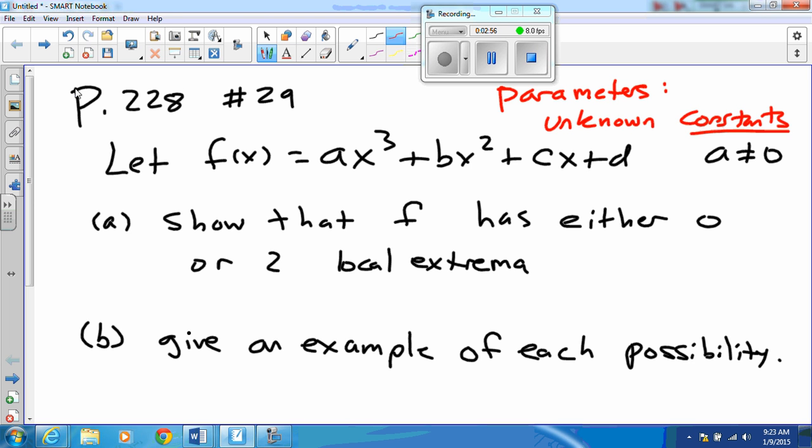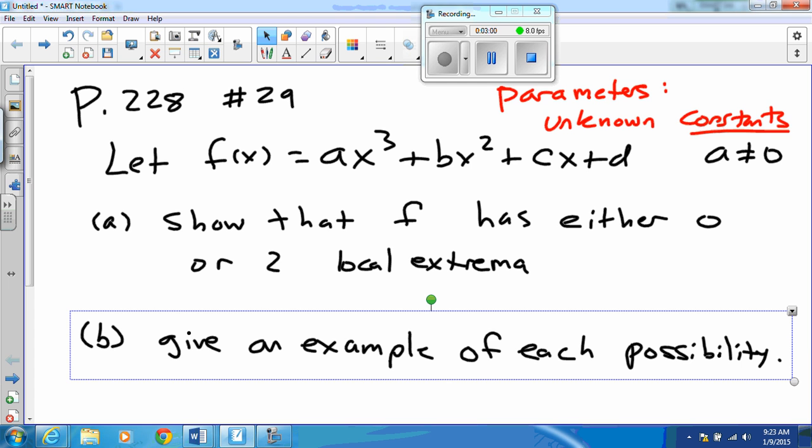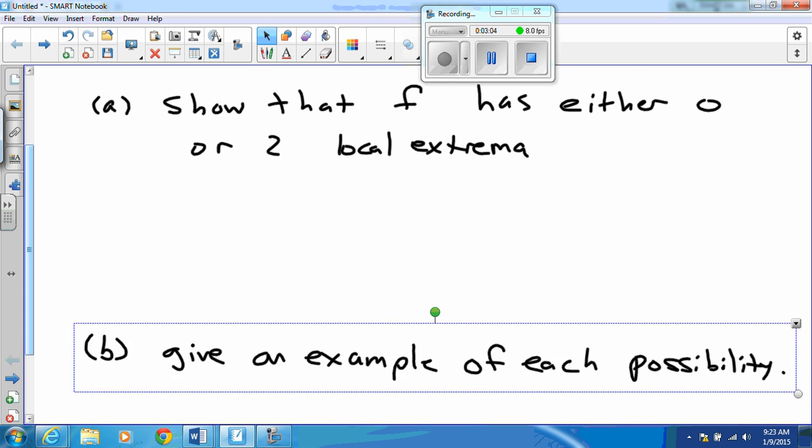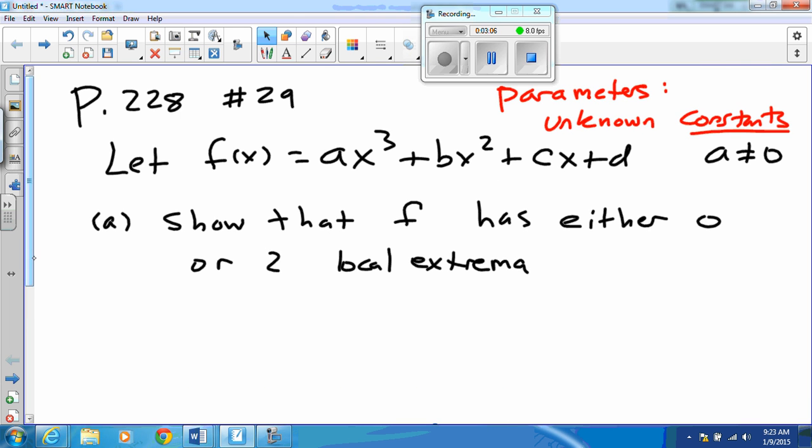And now they ask us to show that f has either 0 or 2 local extrema. Well, the way that we handle these abstract problems is to rely heavily on the theorems that we know. And so I searched through my brain for the catalog of things that I know about local extrema, and I really can only come up with one thing that I know about local extrema.